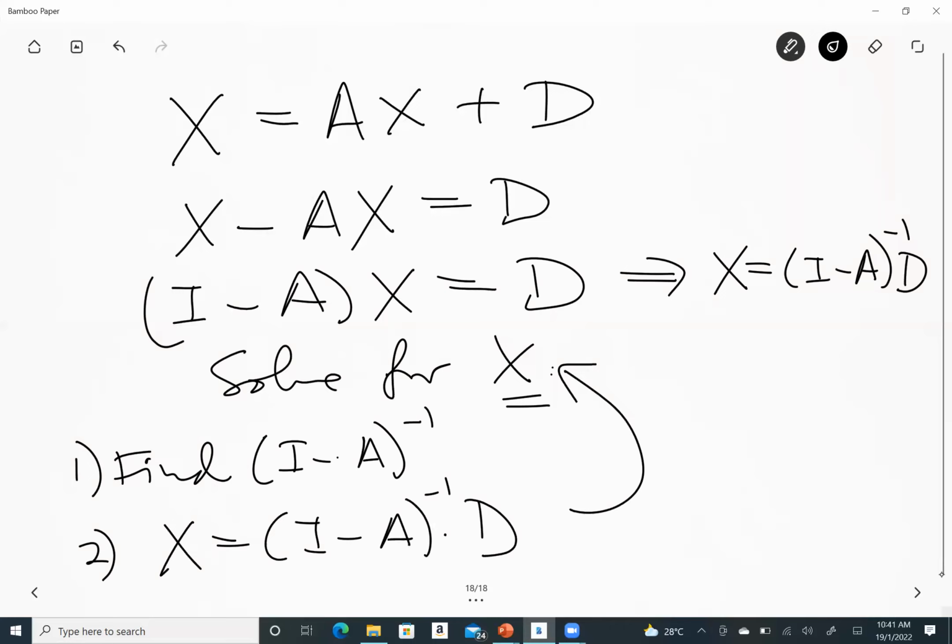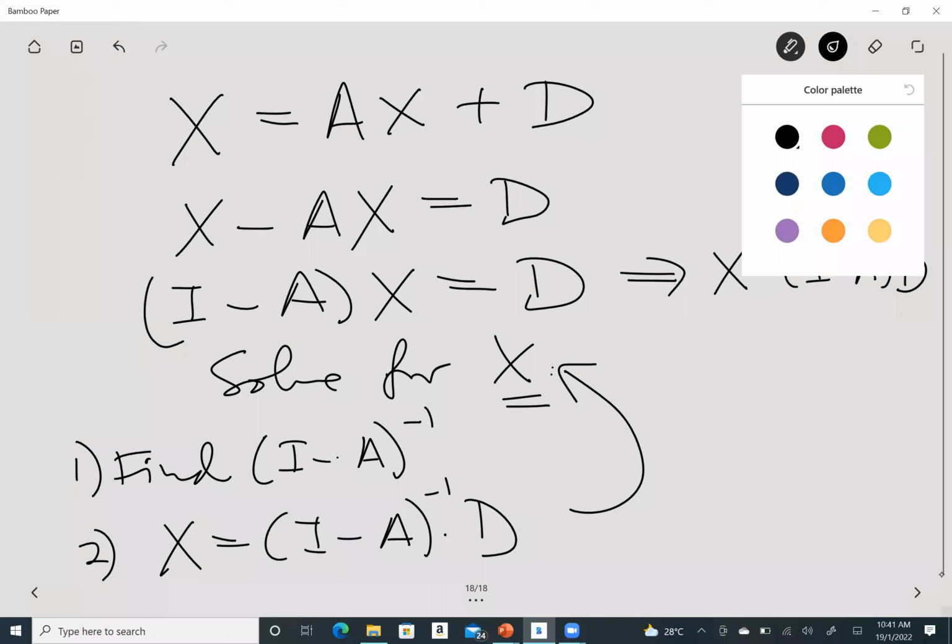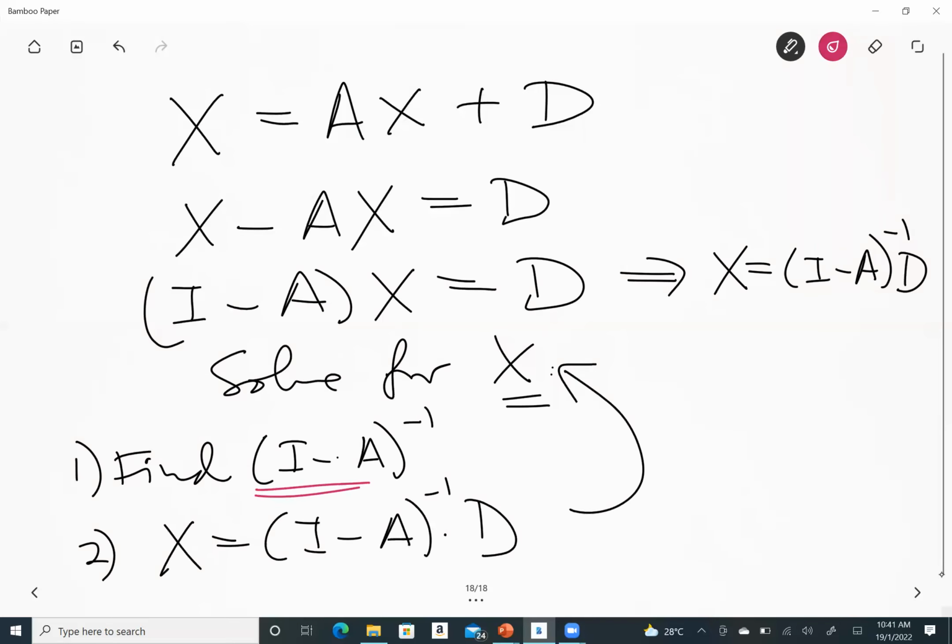So now we make use of the inverse, but not the inverse of A. It's the inverse of I minus A. So that is the method to find the quantities of output in each industry or sector in order to satisfy the demand in the economy. Okay, any question? Make sure we are clear on this. All right, we're clear on this.